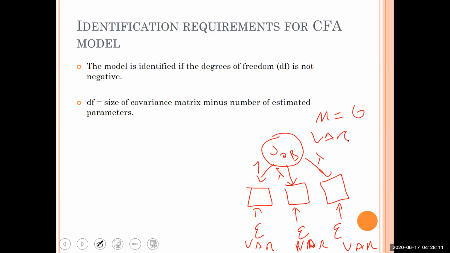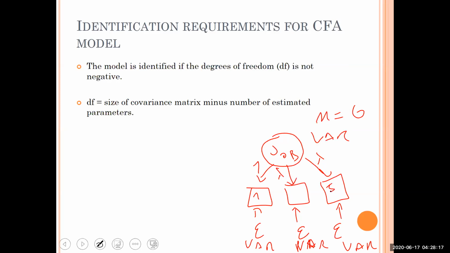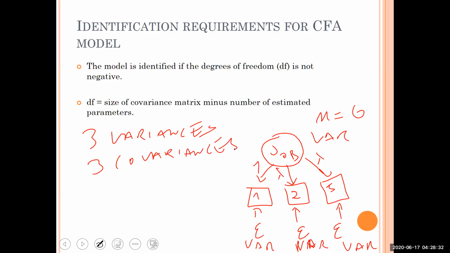So for a covariance matrix between 3 variables, we have 3 variances and 3 covariances. Therefore, we have 6 elements in the covariance matrix.